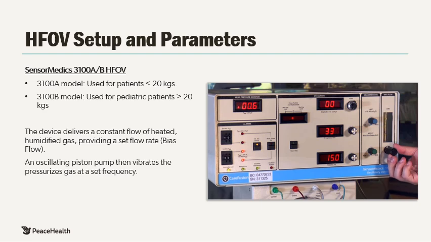You can think of high-frequency oscillatory ventilation like a vibrating CPAP machine. The device delivers a constant flow of heated humidified gas, providing a set flow rate, also known as bias flow. This flow produces a constant mean airway pressure like that of CPAP. An oscillating piston pump, a bit like a woofer of a loudspeaker, then vibrates the pressurized gas at a set frequency.